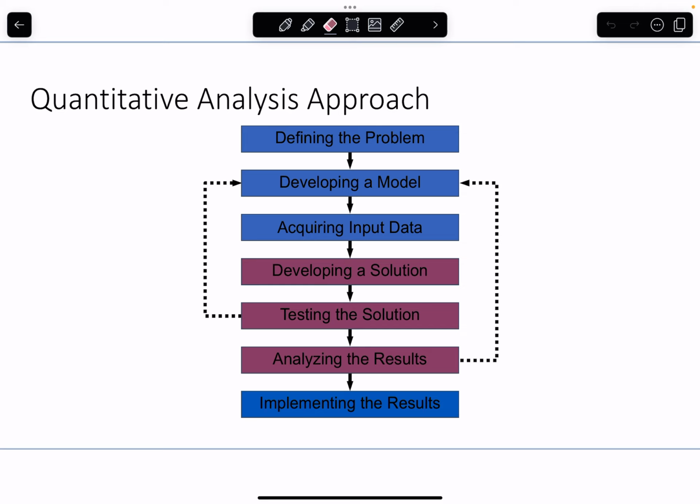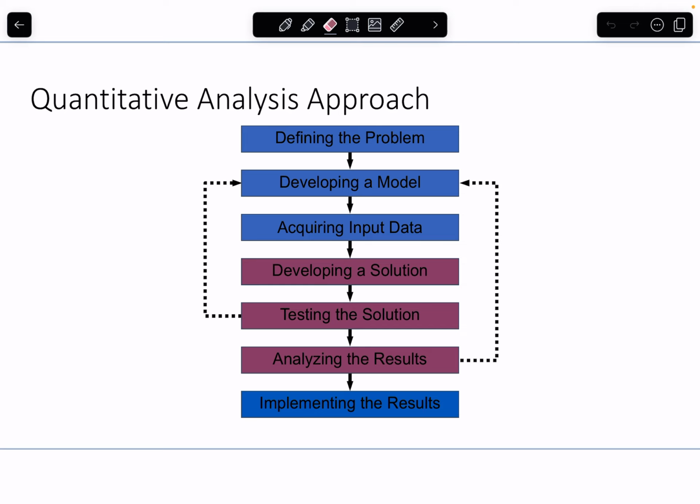So in the quantitative analysis approach, there are different phases that we need to consider, so for us to arrive at a sound decision afterwards. We always start with defining the problem.